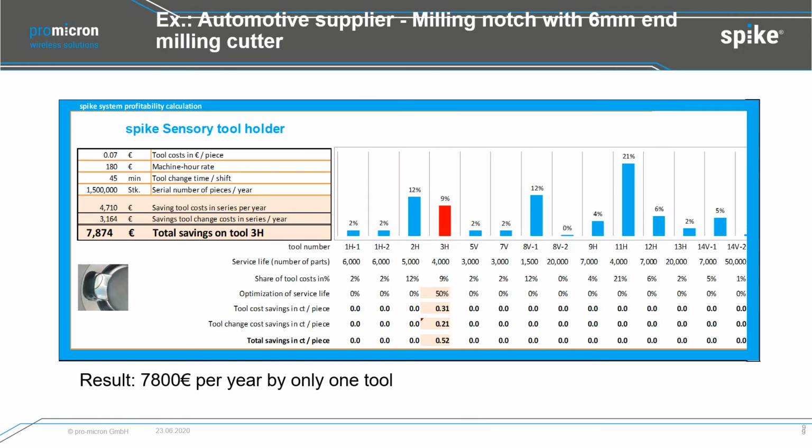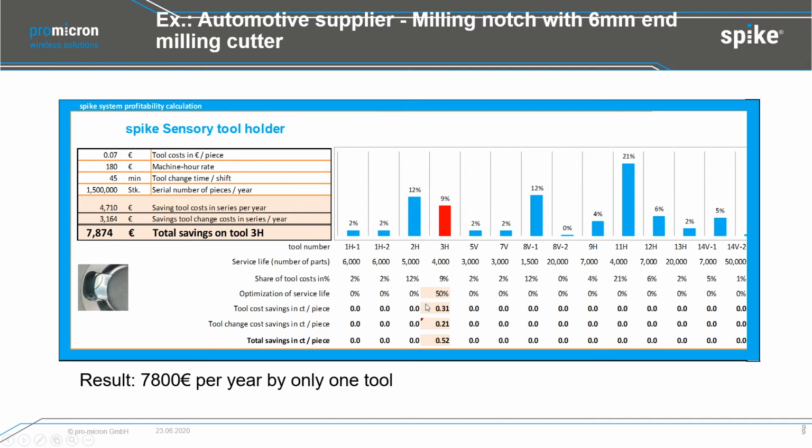So, which calculation for amortization did he use in front of his management? It's an automotive customer, as I said. They are producing millions of parts, and this part has several tools. And the tool 3H is taking 9% of the tool cost in this operation.